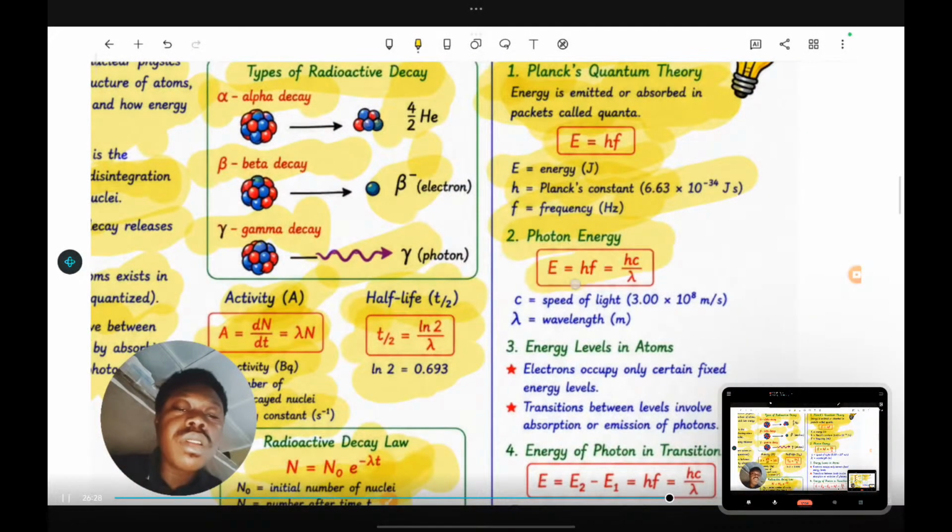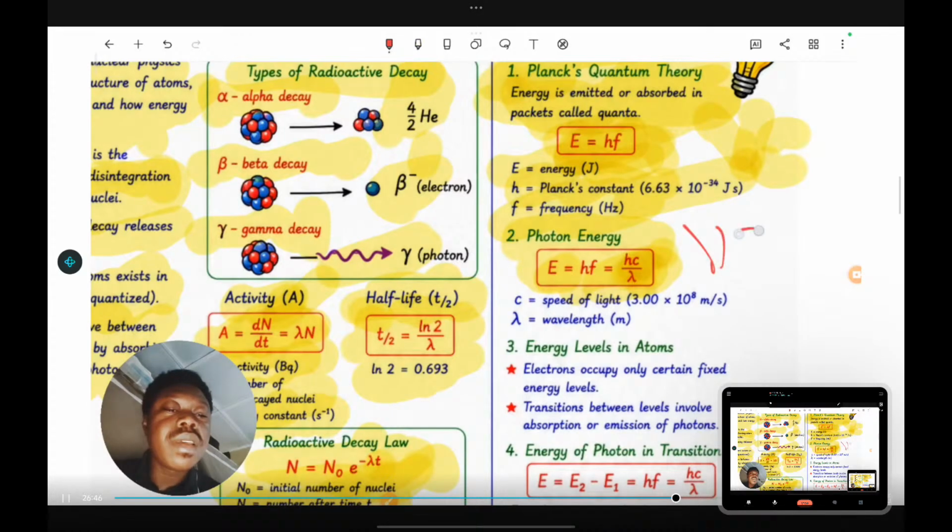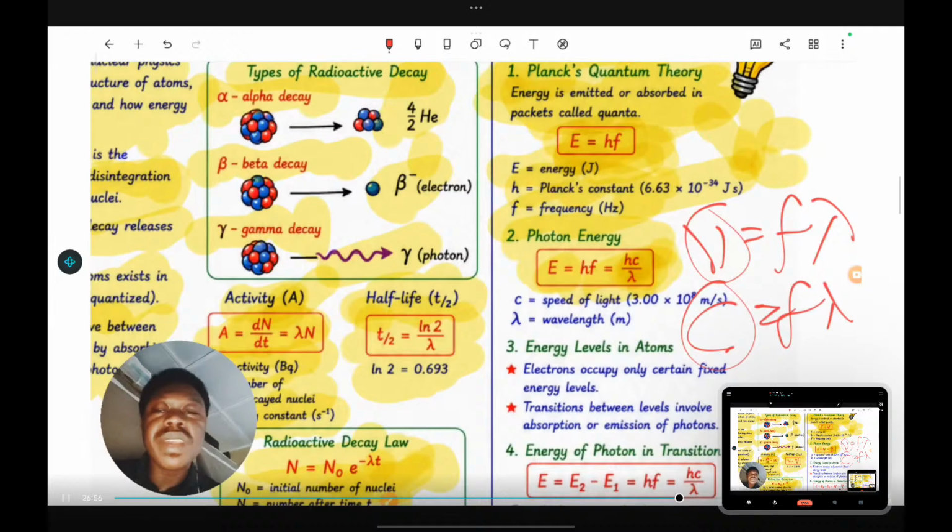Now, we have this formula transformed into this by substitution. You have this because you are saying E equals HF, then we have hc over wavelength. Why? Because we know that v equals f lambda. So if you are bringing in v, because here c equals f lambda, this c is the same as this v.